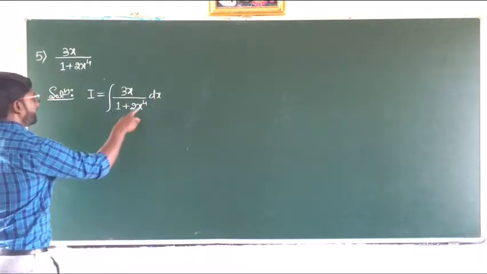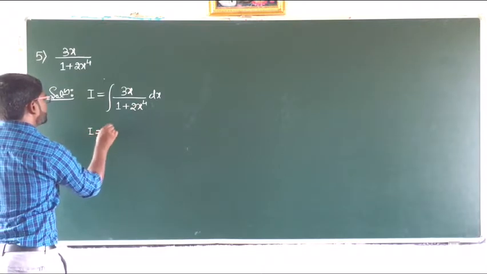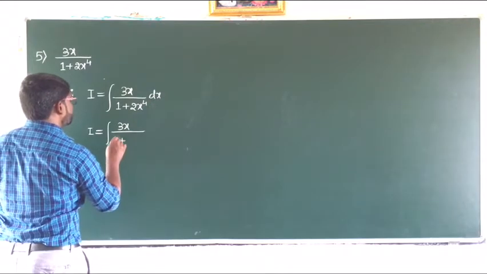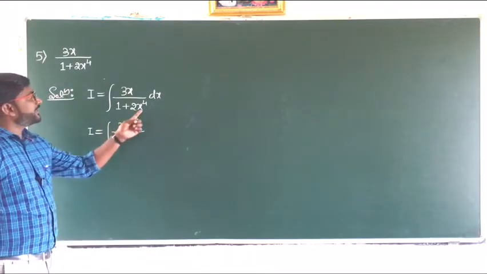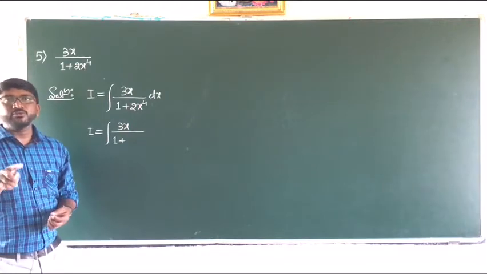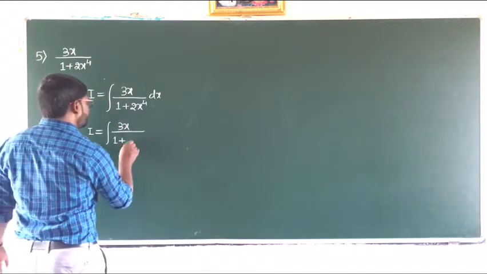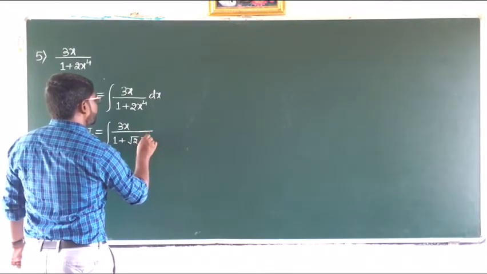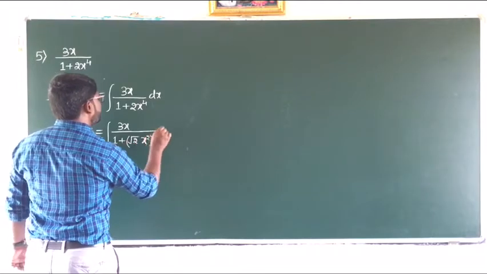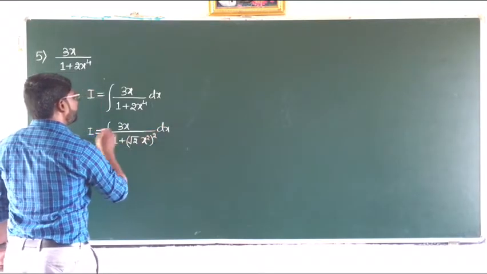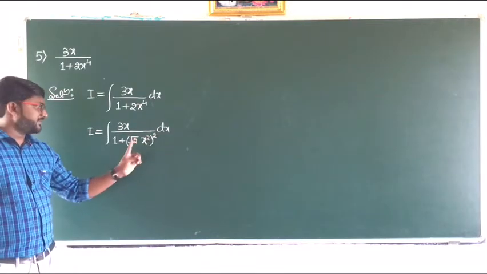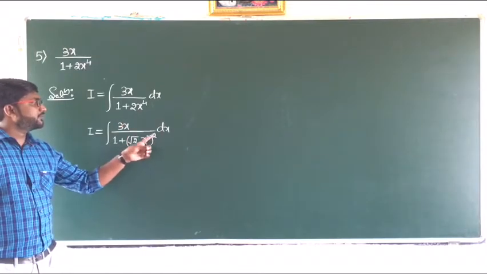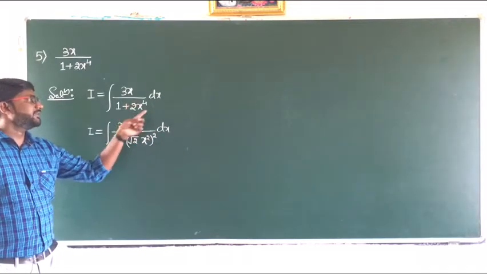Now rewrite this particular term: 2 into x to the power 4 can be written as root 2 x square the whole square. Here the square applies to the first term as well as to the second term. So square and root get cancelled, we get 2, and x square the whole square is x to the power 4, so we get back the previous term.